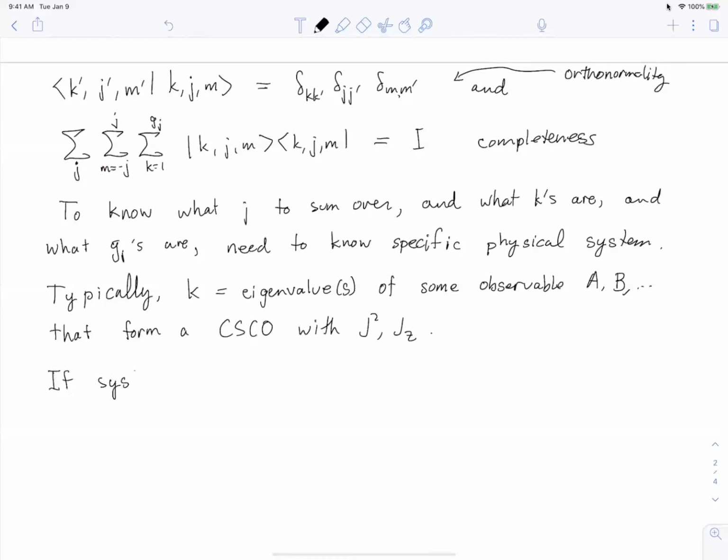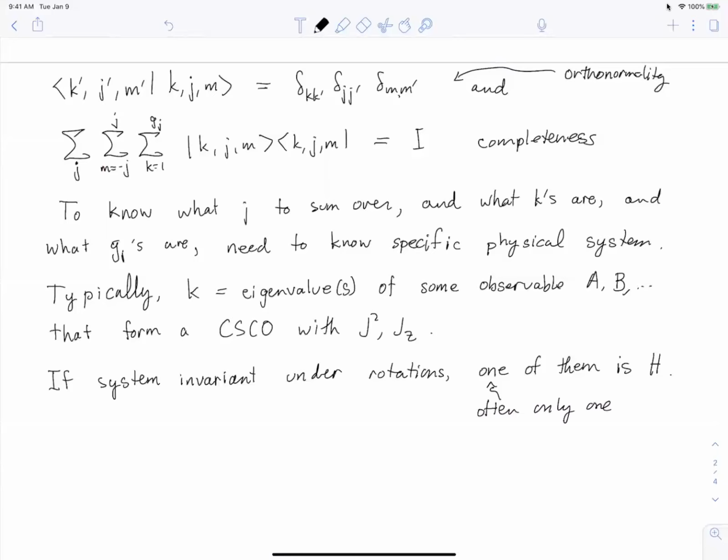So if the system is invariant under rotations, one of them, and often the only one, is going to be the Hamiltonian.